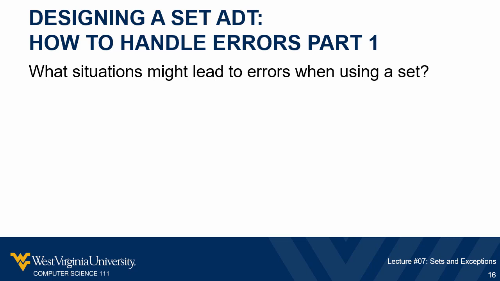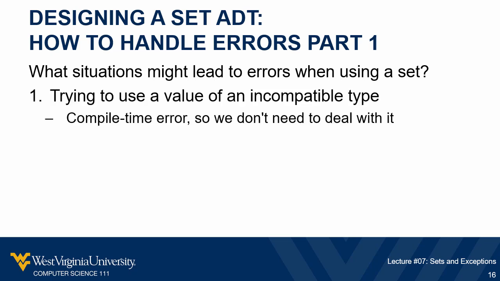Now that we've learned a bit about exceptions, let's think about how we might want to apply them as we design our set interface. What sort of situations might lead to errors when we work with a set? Well, one case would be if we try to use a value of an incompatible type. So if I tried to store a string when my set was just taking an integer.